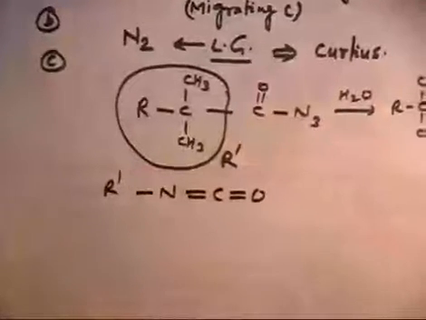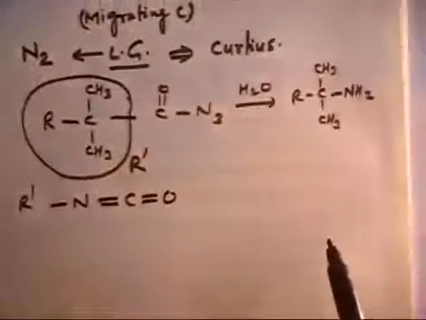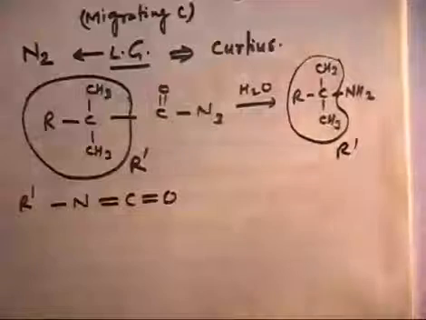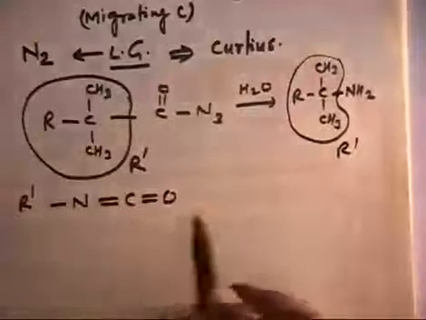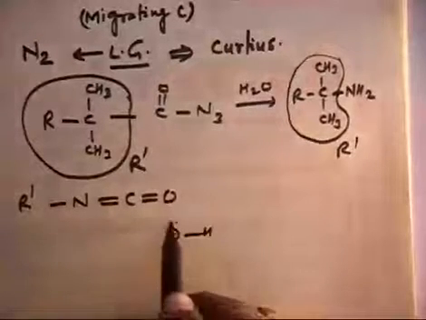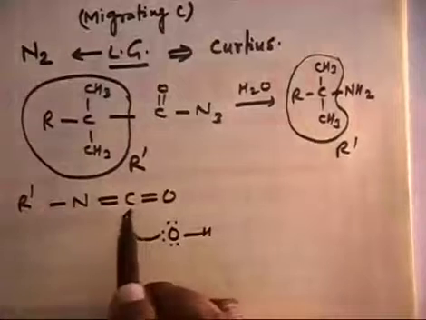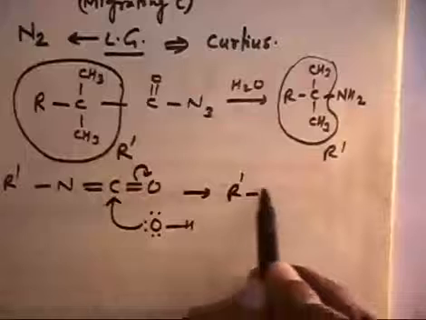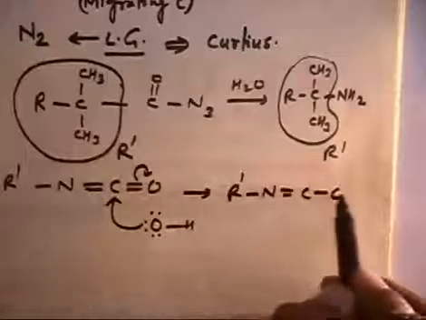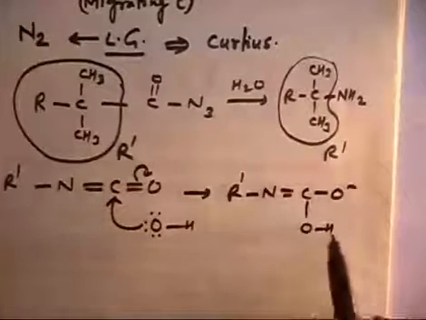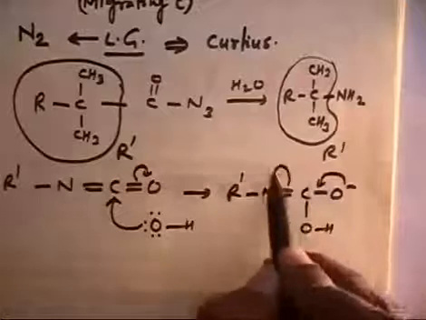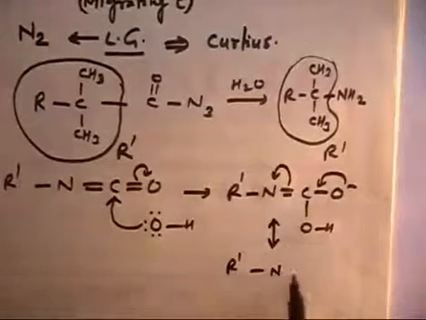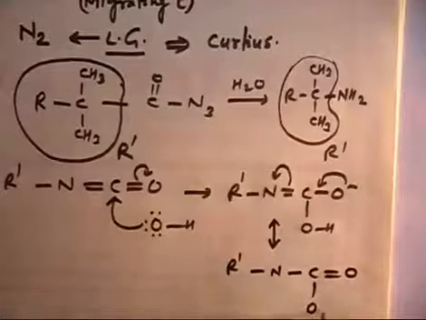Now the next part I have to do is only hydrolysis. So this is R dash N double bond CO, and if I do hydrolysis to get R dash NH2, I treat with OH minus in basic medium. This attacks here, this goes here, so I will have R dash N double bond C, O minus, OH, and one resonating structure of this molecule is R dash N minus C double bond O, OH.